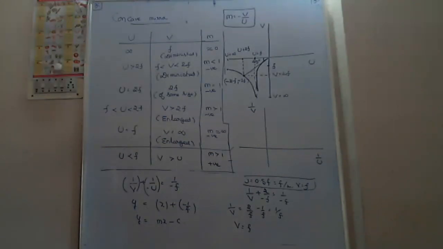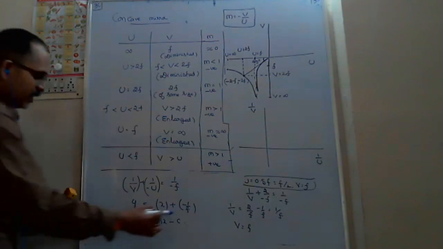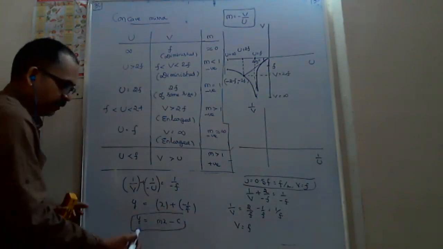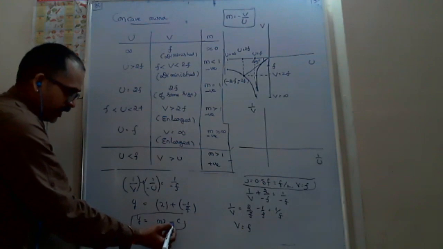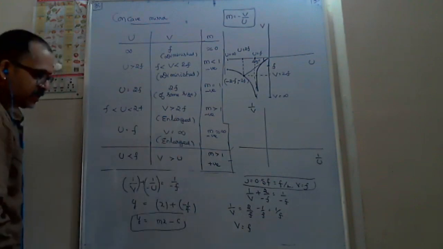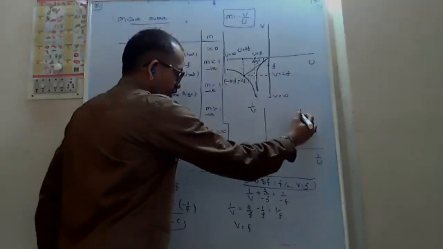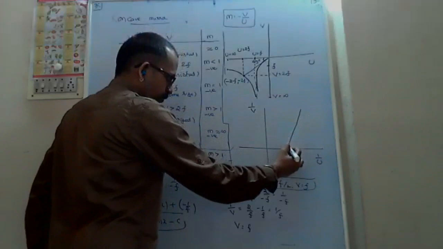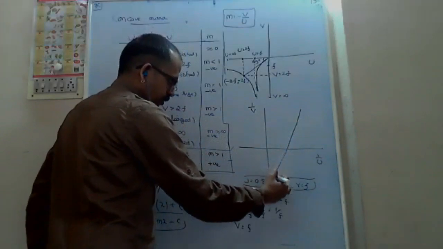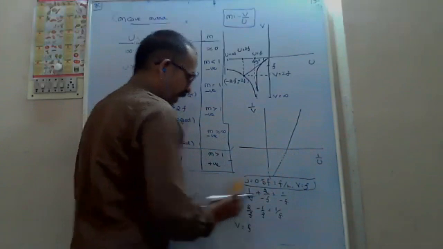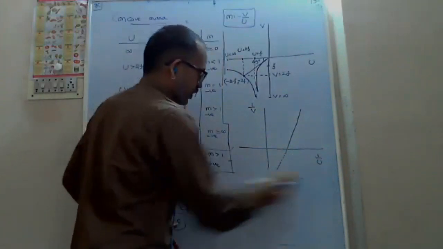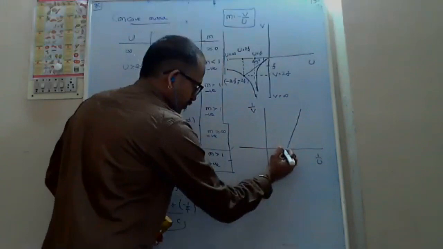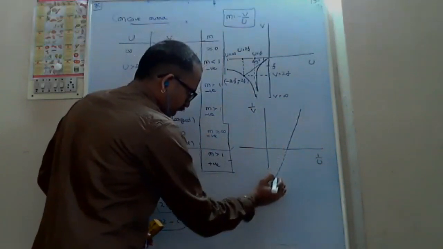I think this appears like Y equals MX minus C. Mx minus C means it is a straight line. With the negative y-intercept, it is intersecting the y-axis. So you will get a straight line like this, with the negative y-intercept here.